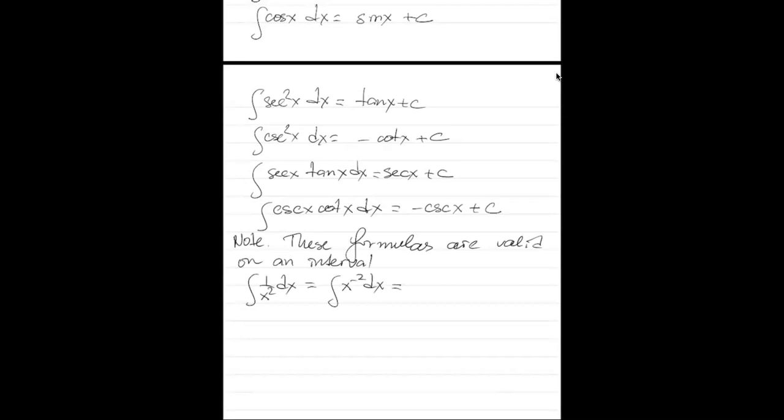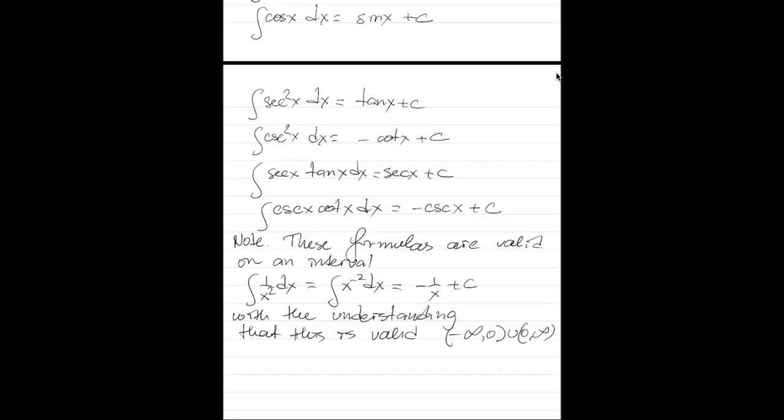If we use the power formula, that's negative 1 over x plus c. This is true with the understanding that this is valid on what interval? All real numbers except 0. Okay.